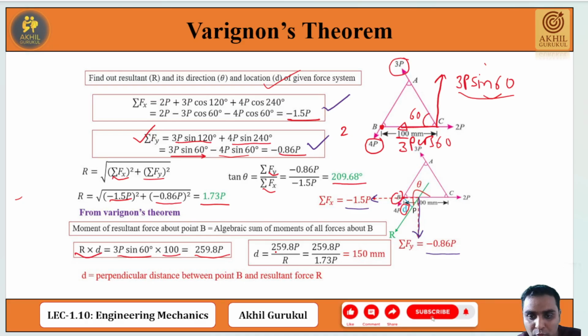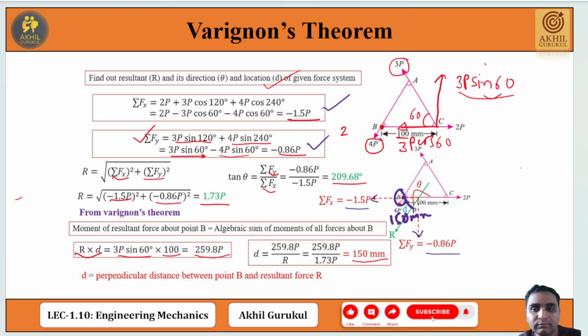So D is equal to 259.8 p divided by R. R is equal to 1.73 p. So it is equal to 150 mm. So the location of the resultant should be 150 mm from B.